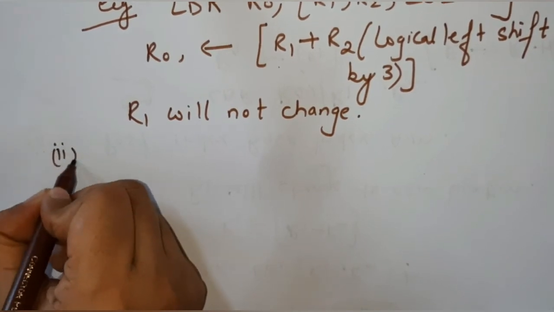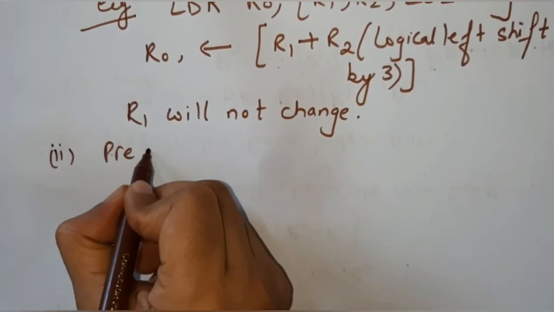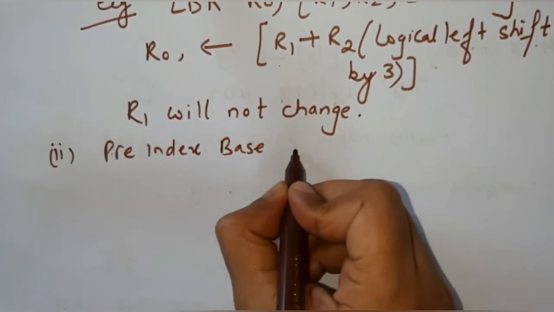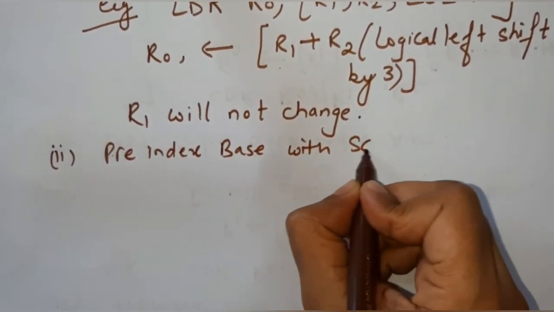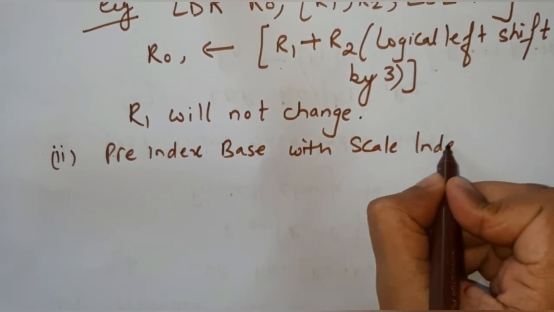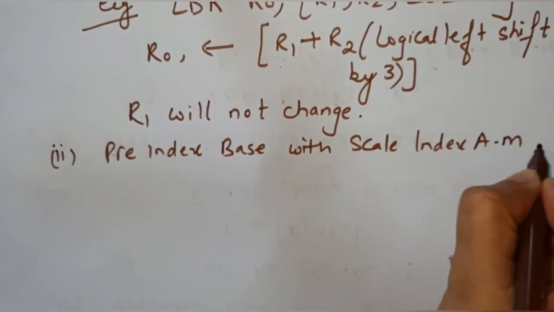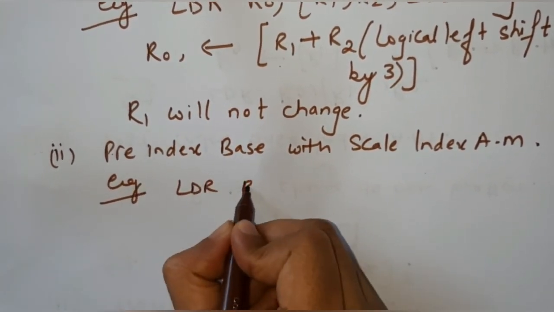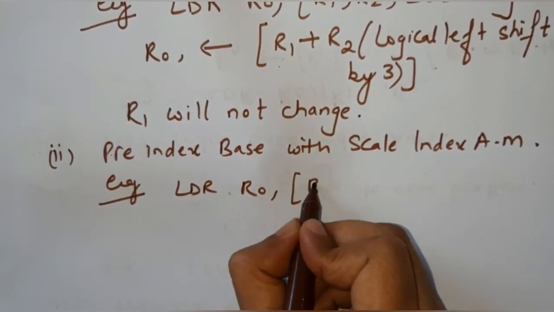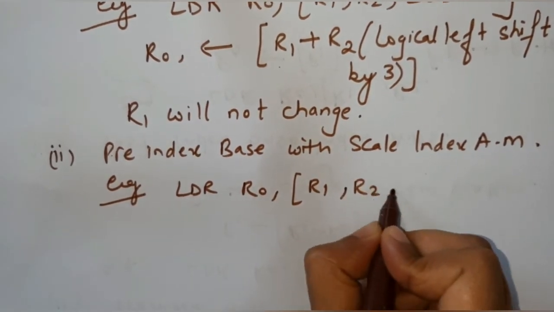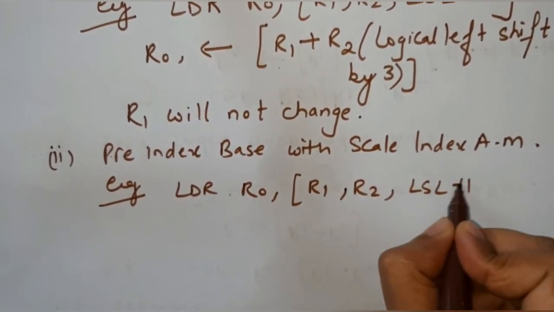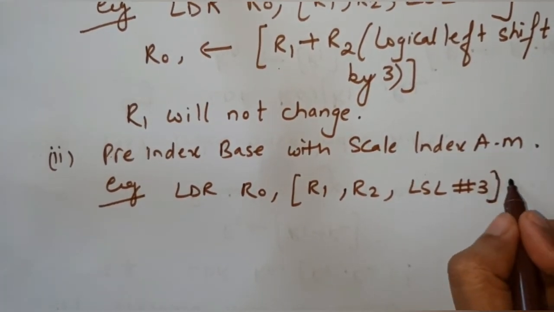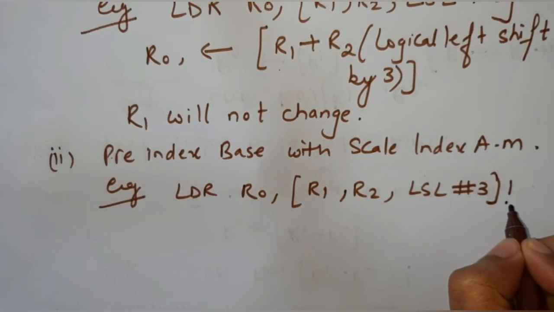Second part is pre-index base with scale index addressing mode. Example, LDR R0, [R1, R2, LSL #3]! and likewise before we are using the exclamation sign here.